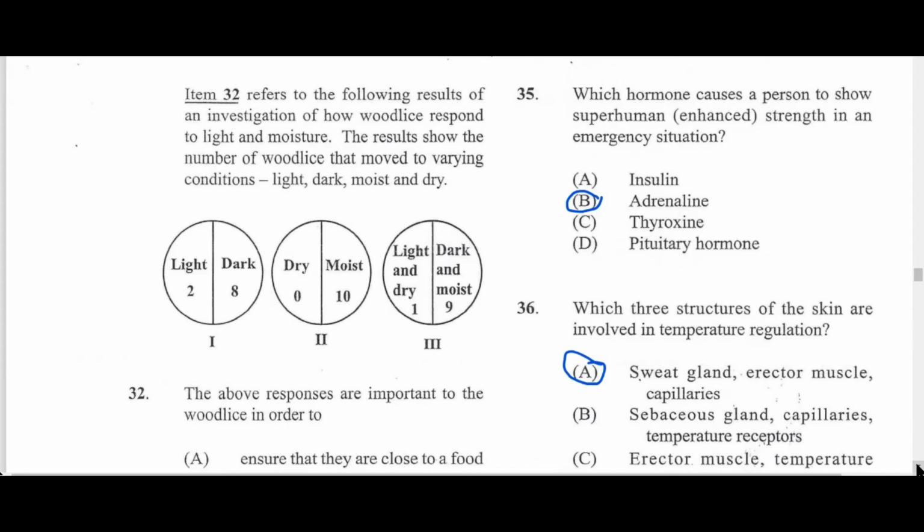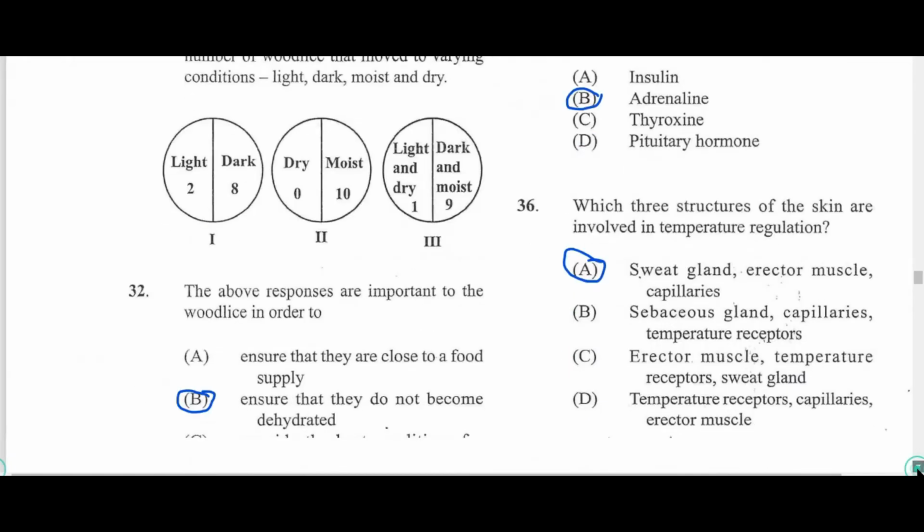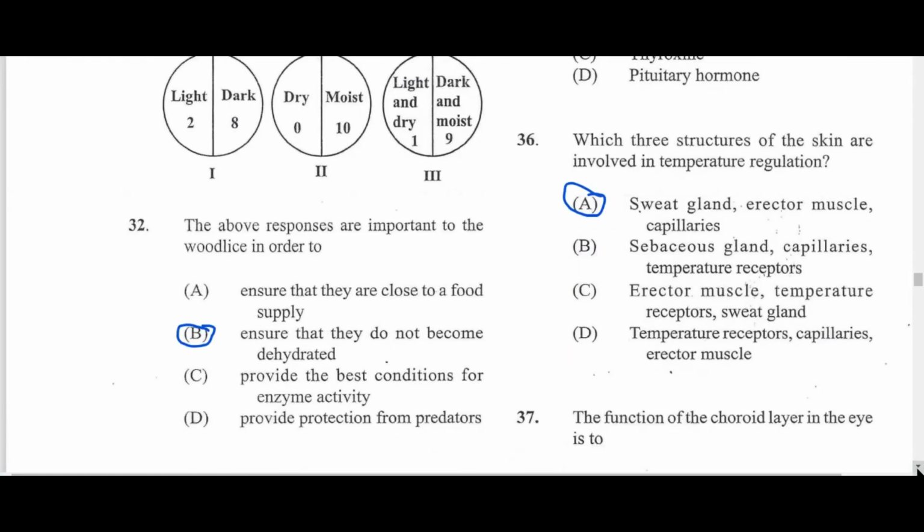The above responses are important to the woodlice in order to, I chose B, ensure that they do not become dehydrated. Now you understand, if they are exposed to dry conditions with their body type, they will become dried out, and of course with too much light, they are not really adapted for that. They are usually in dark areas. That's just pretty much their type of habitat.